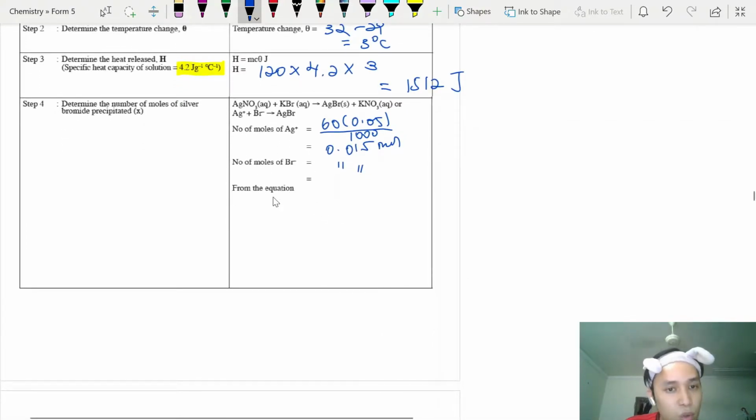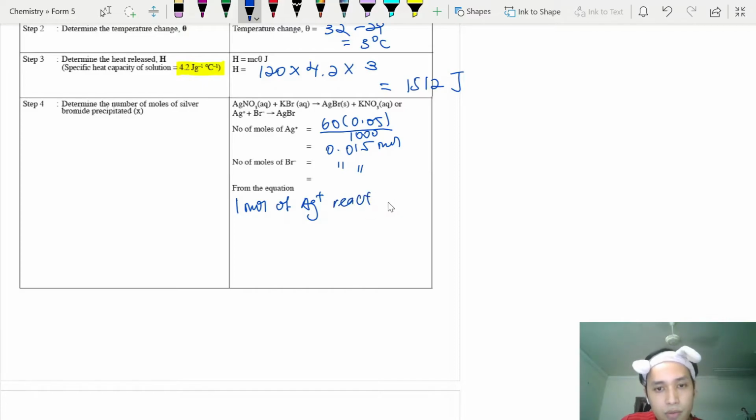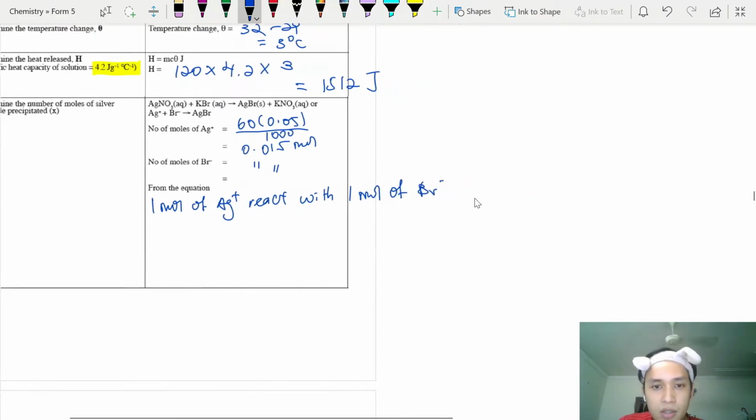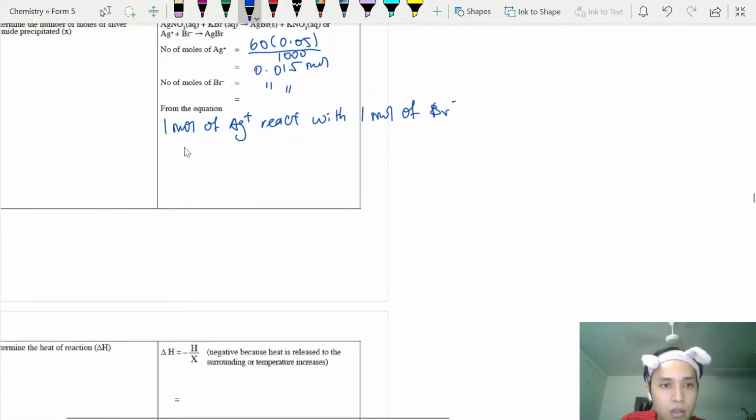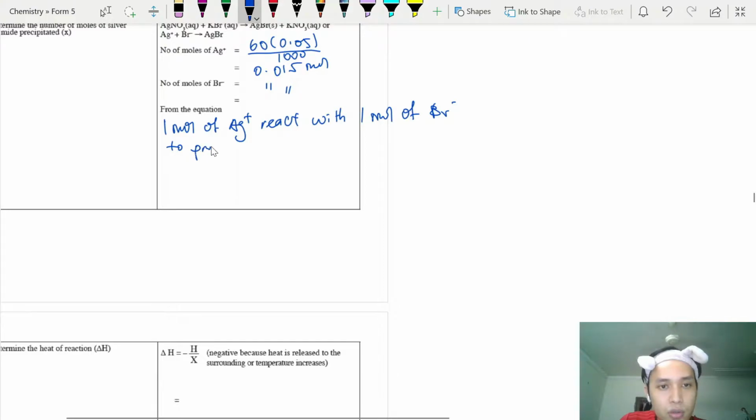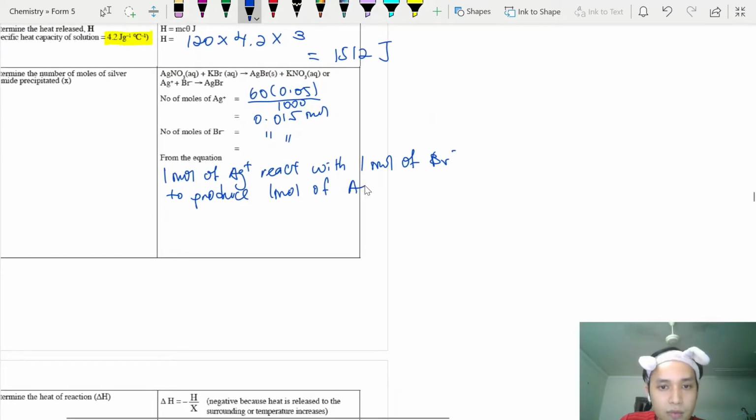Alright, then we need to write this. We always need to write this from the equation. For heat of precipitation, how we normally write this is: 1 mole of silver ions reacts with 1 mole of bromide ions, super duper long, to produce 1 mole of silver bromide.